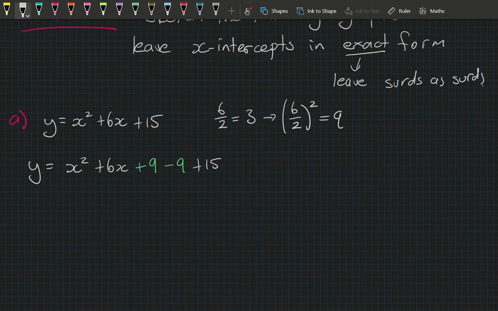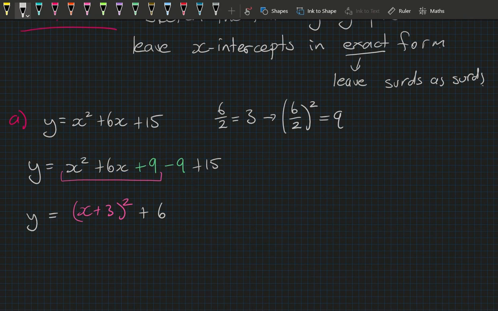However, x squared plus 6x plus 9 is x plus 3 all squared. So our quadratic becomes y is equal to x plus 3 all squared plus 6, because 15 minus 9 is 6. And of course, this is the turning point form.